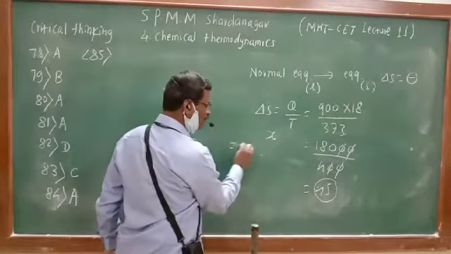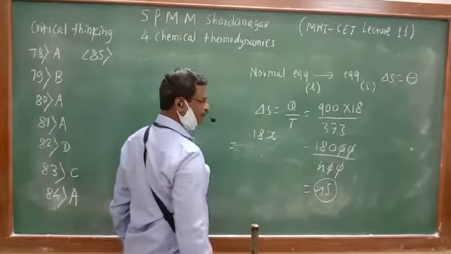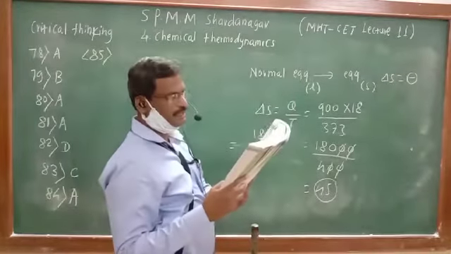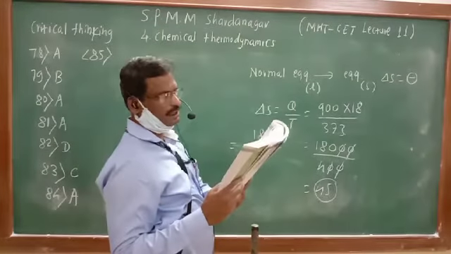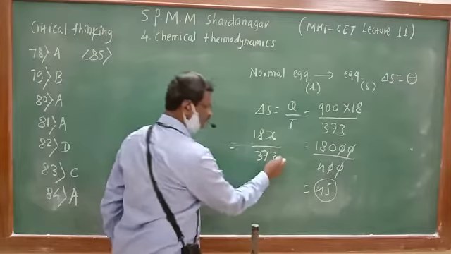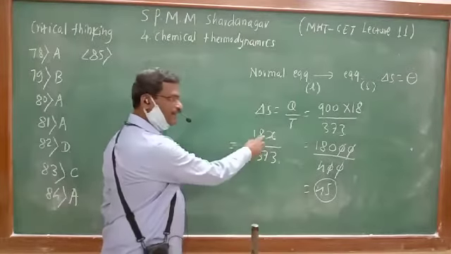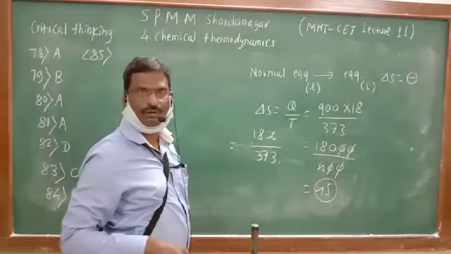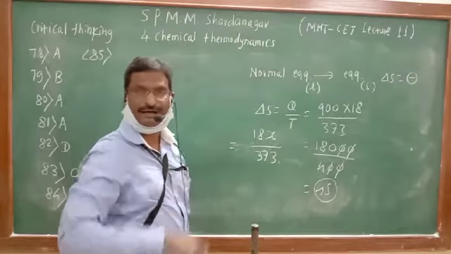For 1 mole means how many gram? 18 gram, divided by temperature. How much temperature have they given? 100 degrees Celsius, that is 373. This is the entropy change for 1 mole, that is for 18 gram.